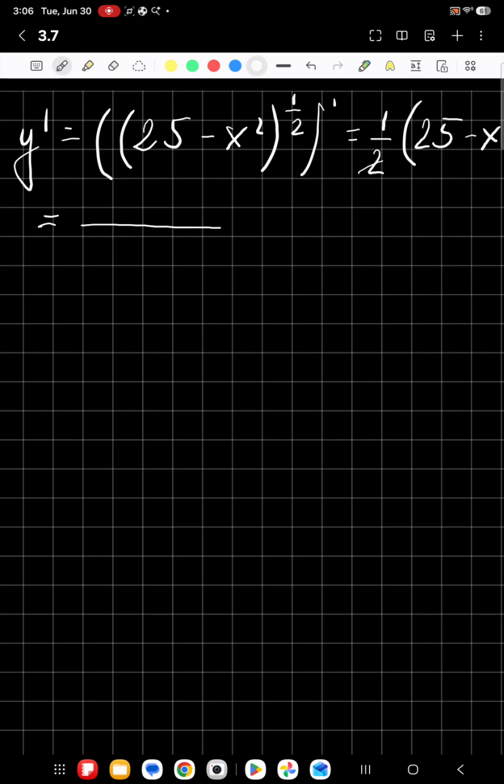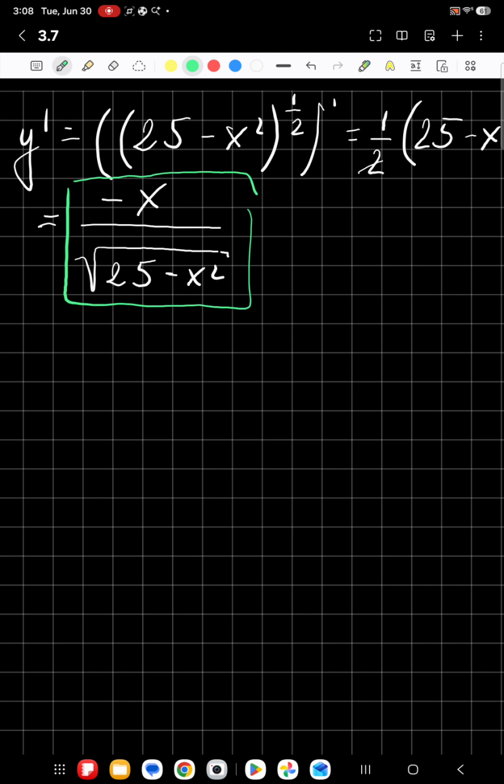So I'll have negative x on the top, and the bottom is the radical, 25 minus x squared. Okay, so that's the derivative.